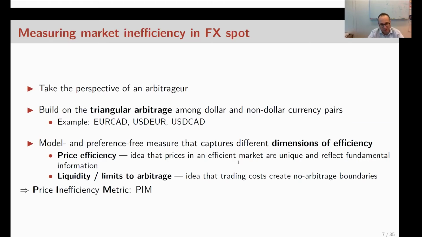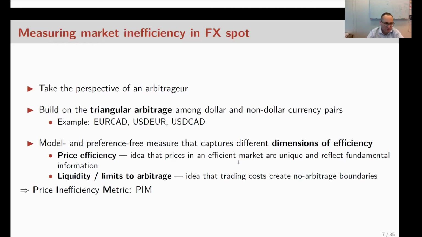So that's what I mean by price efficiency. But the measure also captures another important dimension, which is liquidity conditions, and associated with that, the limits to arbitrage, because it also has a strong component that links to trading costs, that creates some no-arbitrage boundaries. And you will see this in a couple of minutes when I show you the equations for the efficiency metric that we're proposing.